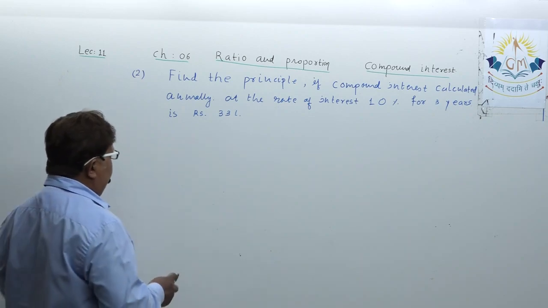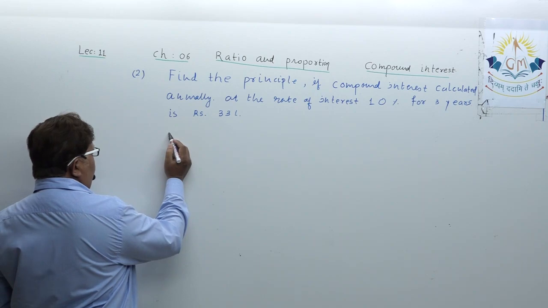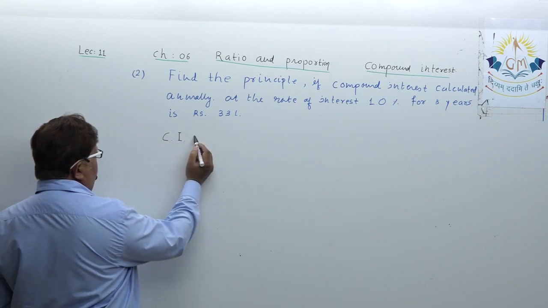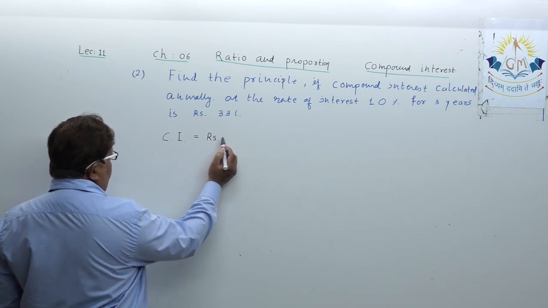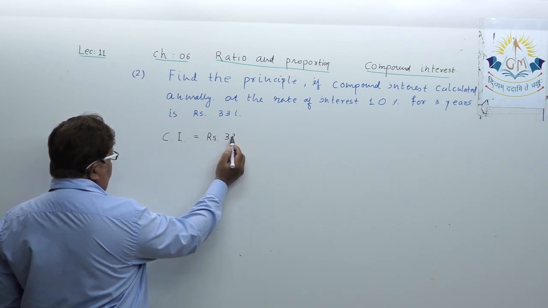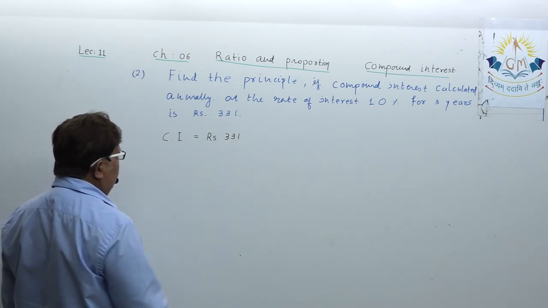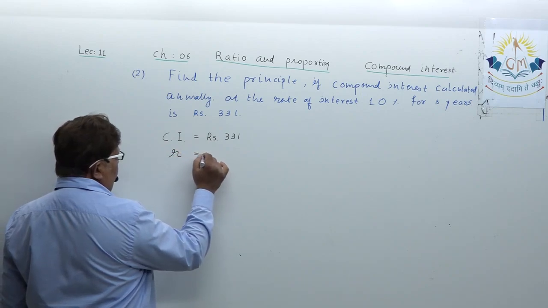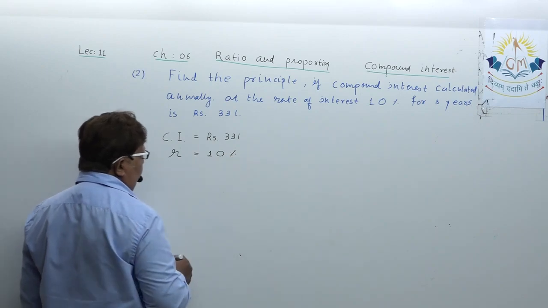Let us continue. First, you are not given amount, but you are given compound interest, rupees 331. You are given rate of interest, that is 10%.